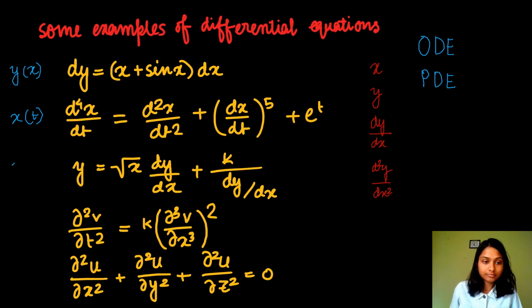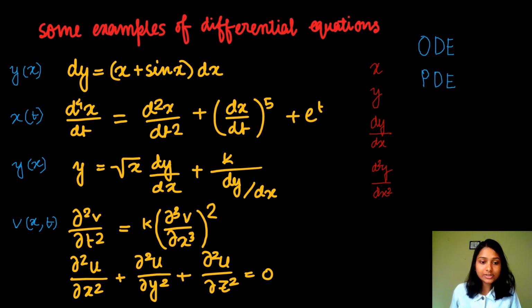Also here we have y of x, and here the dependent variable depends on two independent variables, v of x and t. So these three equations, where we have only one independent variable, involve normal differentiation. So these three are ODE, as they have only normal differentiation.